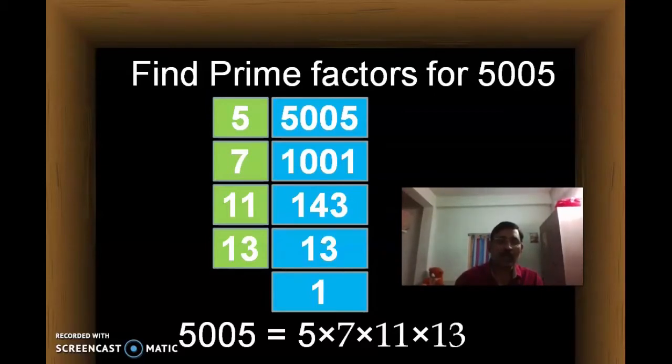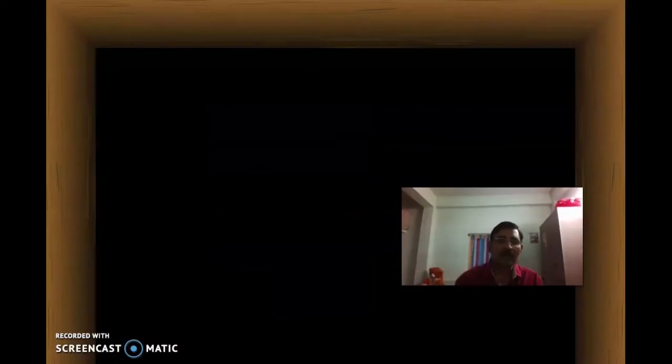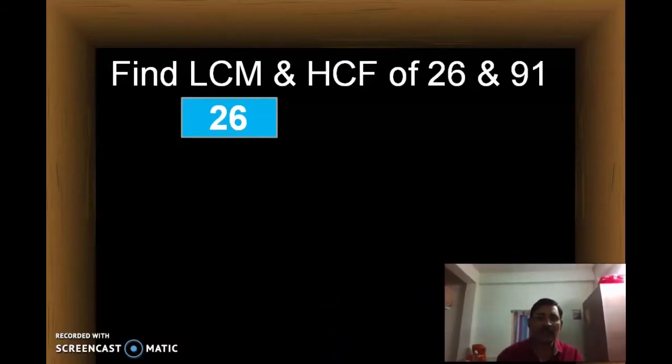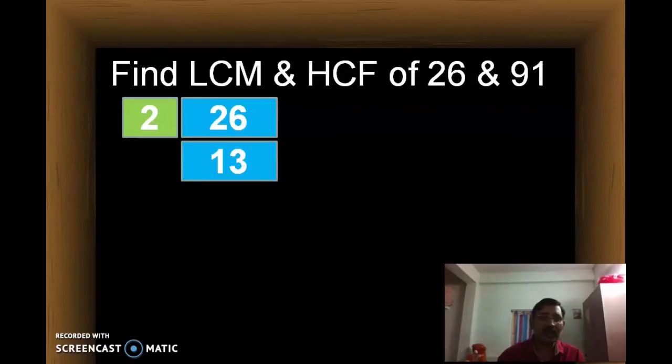Okay, now how can we make use of this fundamental theorem of arithmetic for finding the LCM and HCF of given numbers? Suppose we are given two numbers, 26 and 91. How can we find their LCM and HCF? Let us try to understand this. First of all, for 26 we try to find the prime factors. It is divisible by 2, and we get 13.